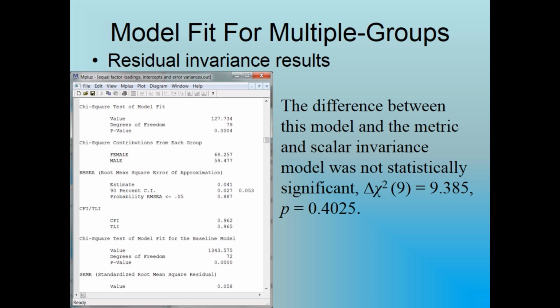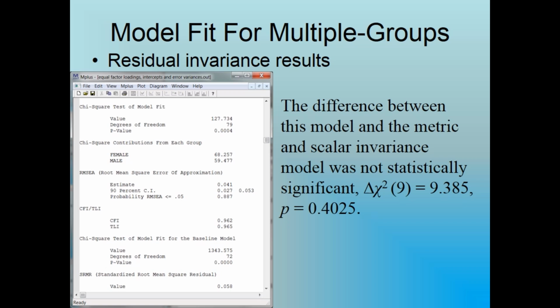To test for structural invariance, which is basically the structural coefficients, or the relationship between your latent variables, it's actually quite simple. And we're actually going to show you how to do that in the path invariance demonstration.